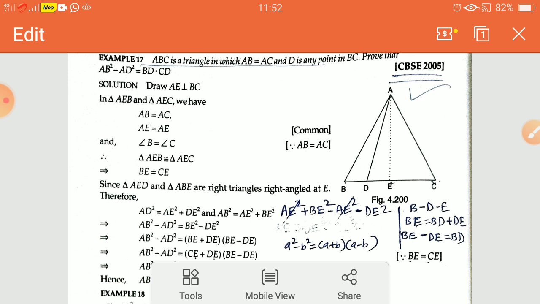First of all, we know that angle E is a right angle, so AD is the hypotenuse of the first triangle AED, and therefore by Pythagoras theorem we can write AD square is equal to AE square plus DE square.